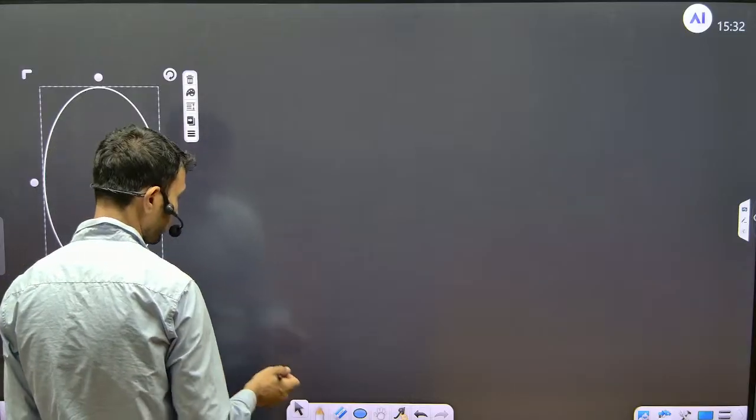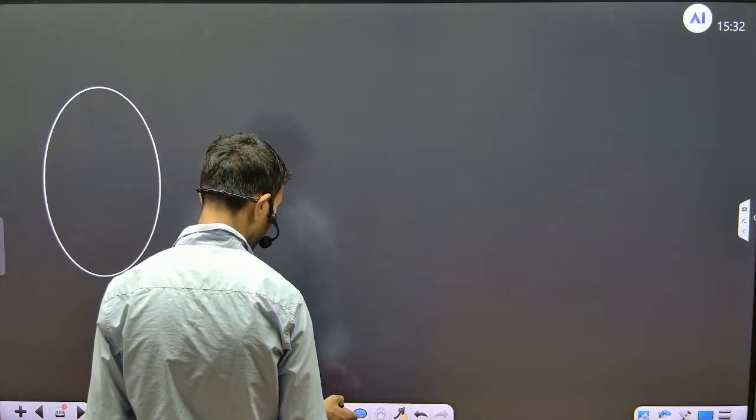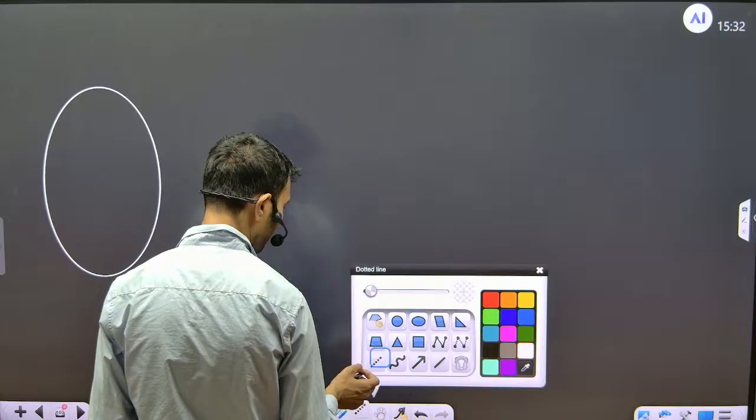And because of that, we have to find out the electric field there on the axis of it, right?